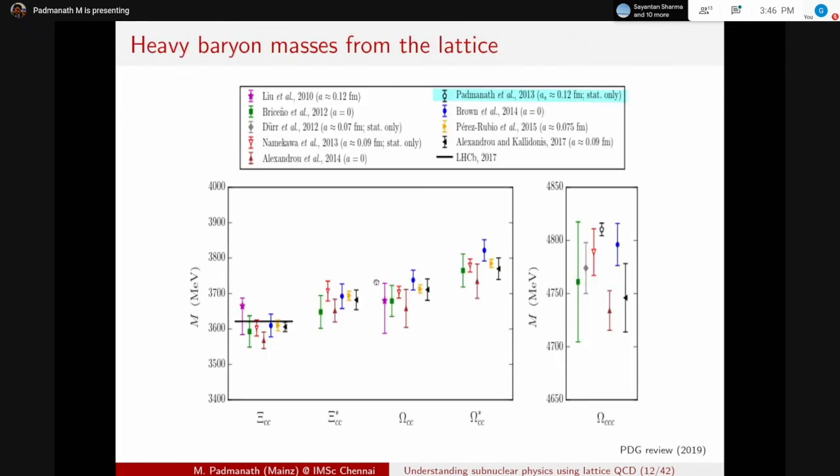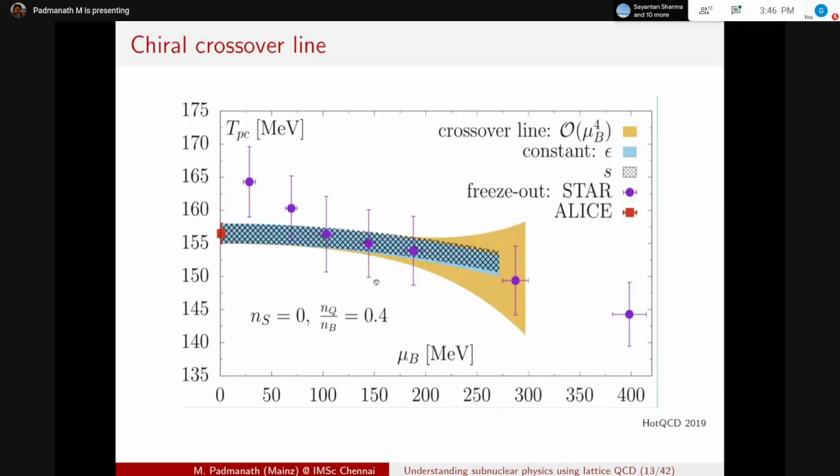By now we know that this is actually a crossover at non-zero chemical potential. What they have tried to do is scan the phase diagram in temperature and chemical potential, and determine the chiral crossover region. The yellow band is compared with the experimental numbers for the freeze out points from these experiments.